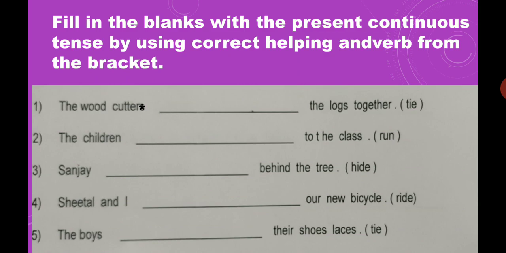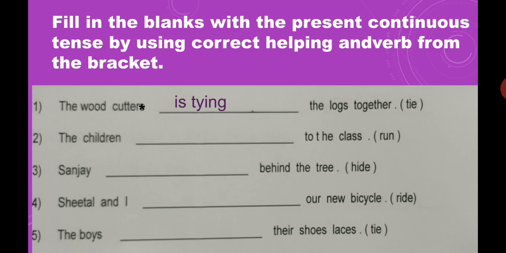So what is the rule? Have you remembered the rule? If the verb ends with ie, we remove ie, add y and then add ing. So it will be tying. And what is the spelling of tying? Tying. Yes. So our answer will be is tying. Understand?